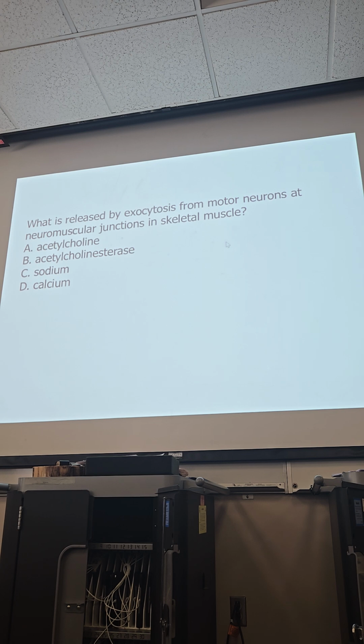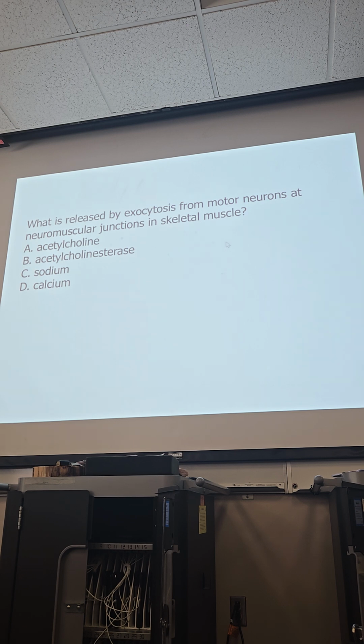Talk to each other, and when you do, define what each one of these things is and where it's released. I picked acetylcholine. Yes, I did as well. Looking at the example in the text, an action potential arrives at the end of the motor neuron, triggering the release of acetylcholine. So, motor neuron fires.